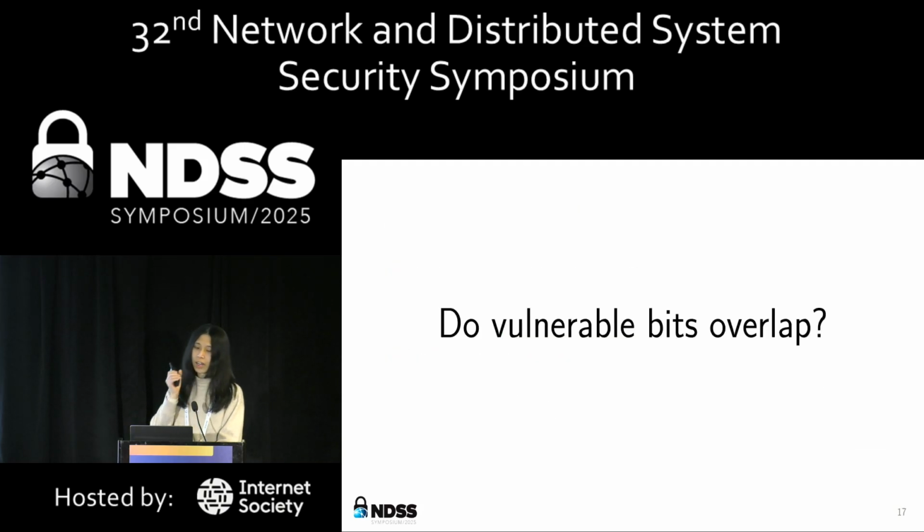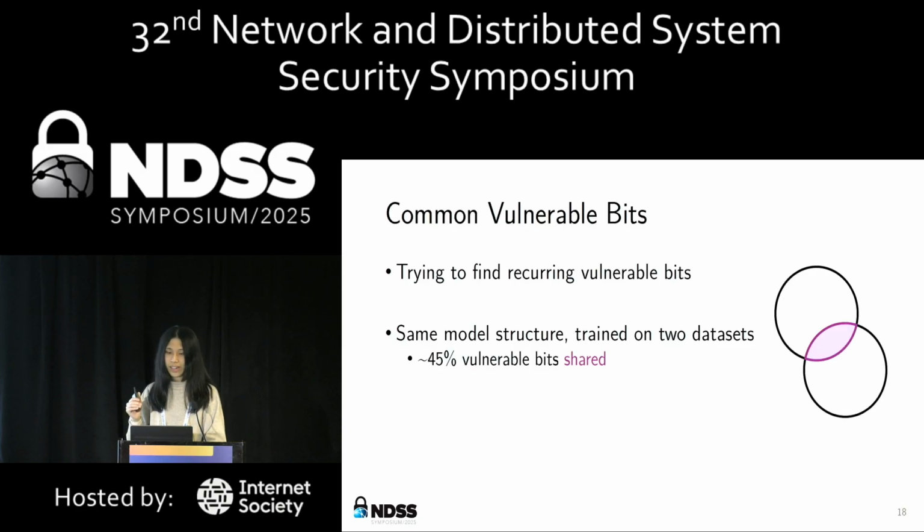So, maybe we can look at things from another angle. Do vulnerable bits overlap? That is, if I have two executables compiled from the same model, but trained on different training sets, will they share their vulnerable bits? So we did some experiments, and the answer is yes.